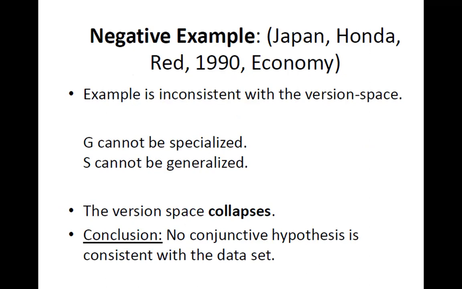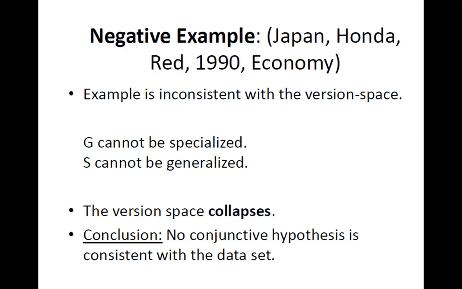Version space has collapsed. So what does that mean? See, that means that the data itself is wrong. That last example itself is wrong. That data has got an error. It was supposed to be a positive example, but it is negative. For that reason, you are not getting the answer. See, this is the problem with these two algorithms. If you have an error in the data, you will not get the exact hypothesis you expect.